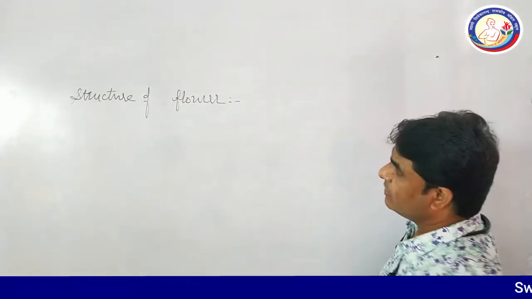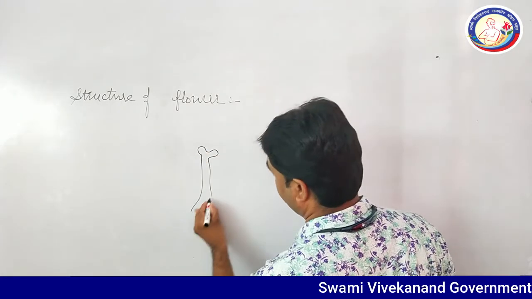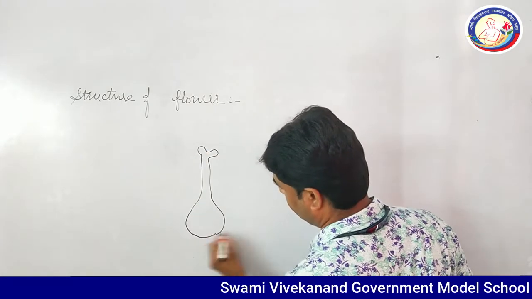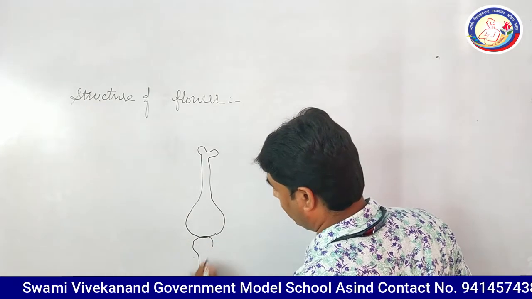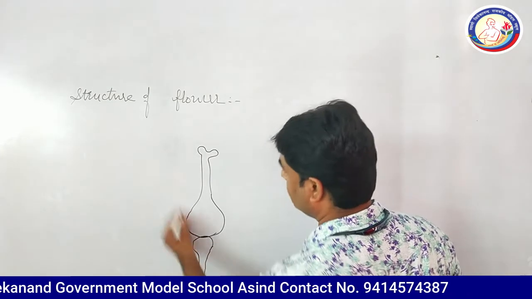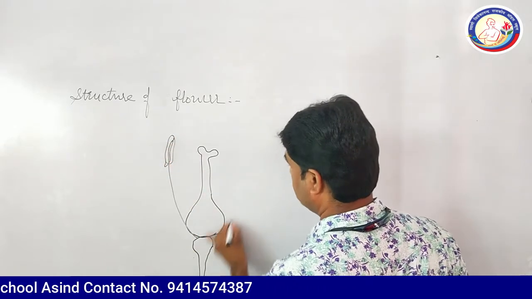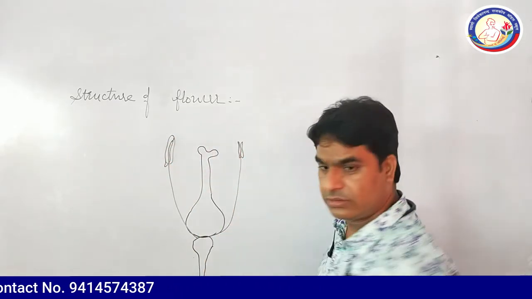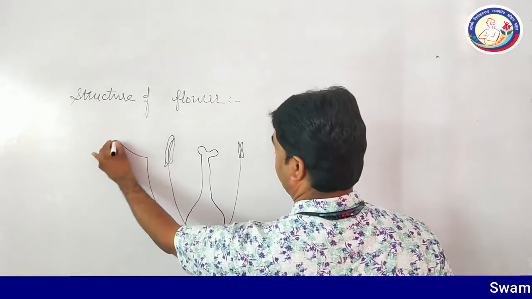We will draw the structure of the flower here. This is the gynoecium. It is located on the top of the thalamus. You can see this is the group of stamens, and the whole is known as androecium.